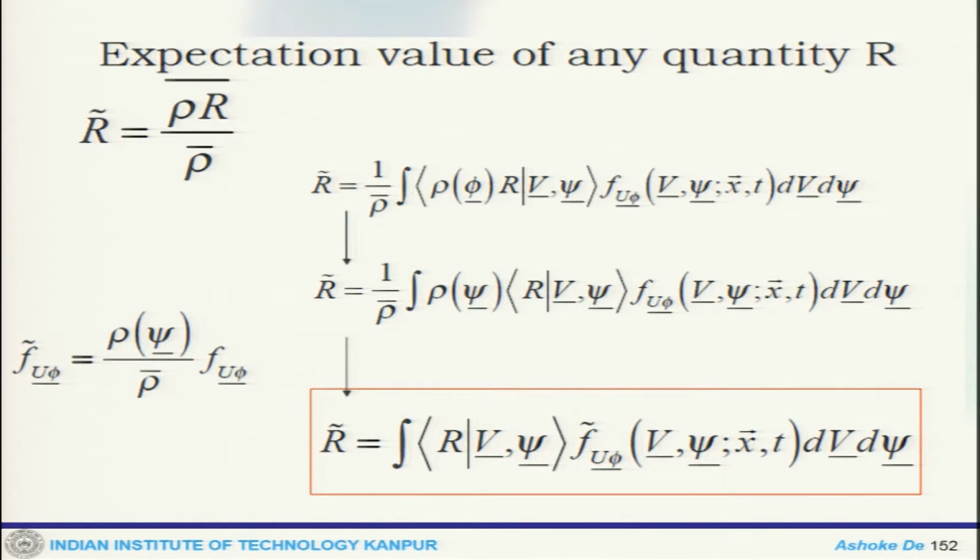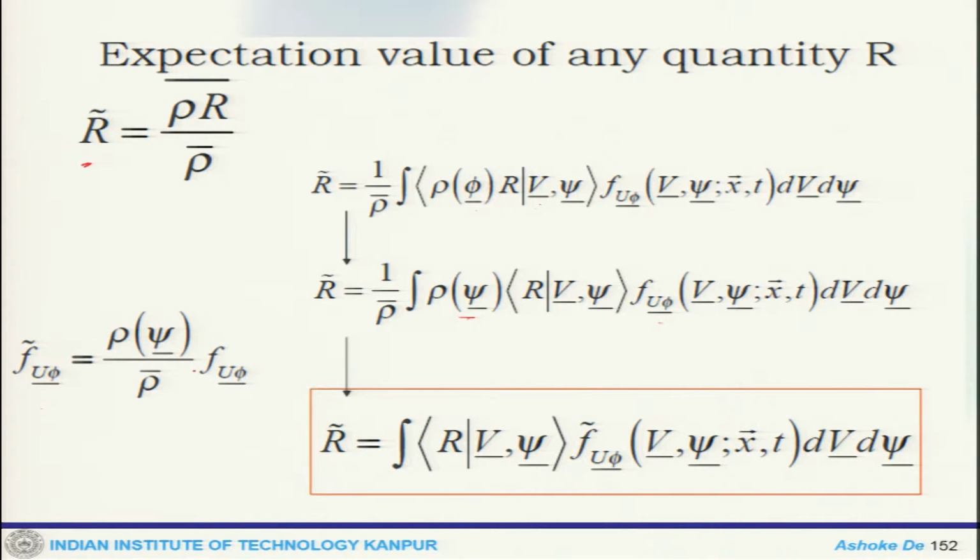Now, if you look at the expectation value of any quantity R, the density averaged R, the expectation value would be 1 by rho, R conditioned at V and psi, with respect to the velocity scalar PDF. Now, if we rewrite that, this would be 1 by rho, you take this rho psi outside, and the R is conditioned on V and psi with respect to the velocity composition PDF.